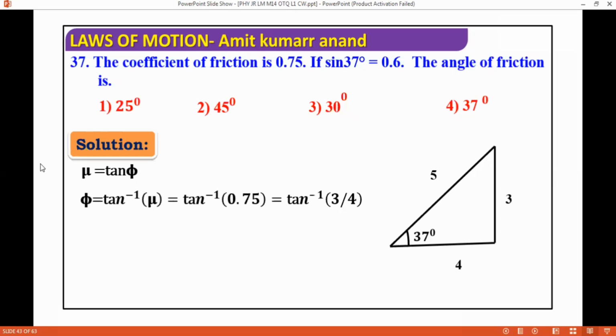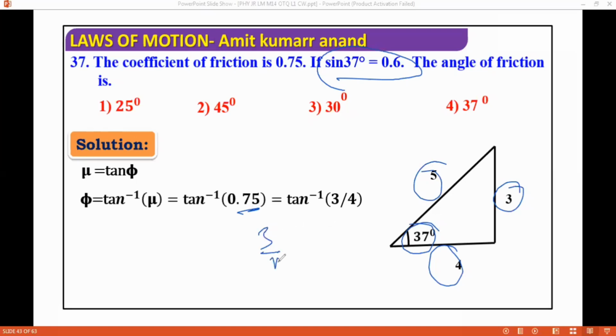You may be thinking, why is the sine value given? It is given just so you can form the triangle and find the value of tan 37 directly. Tan inverse of 0.75: 0.75 is basically 3 by 4.